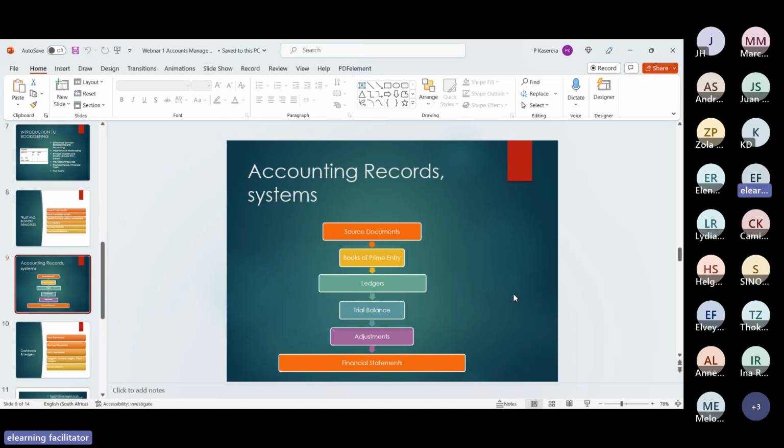Then from our fee journal, we'll be able to post transactions into our clients' ledgers. We are able to come up with our fees, and if we are VAT registered, we are able to come up with the VAT reconciliations from there. And then from the ledgers, we deal with our trial balance.